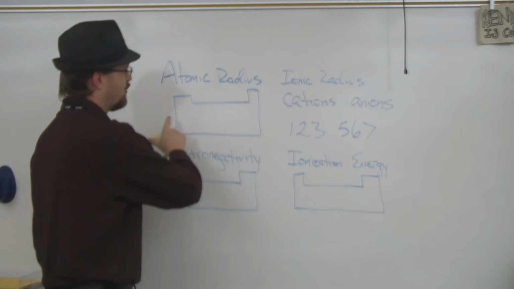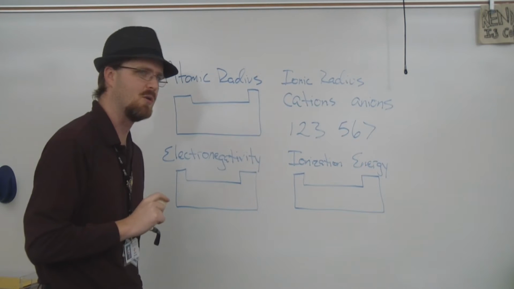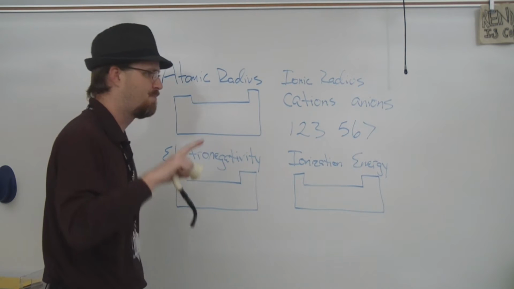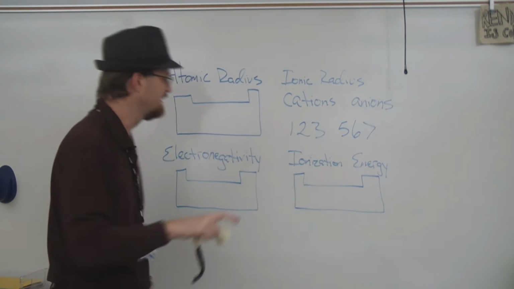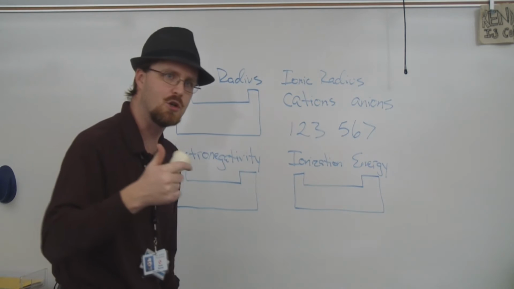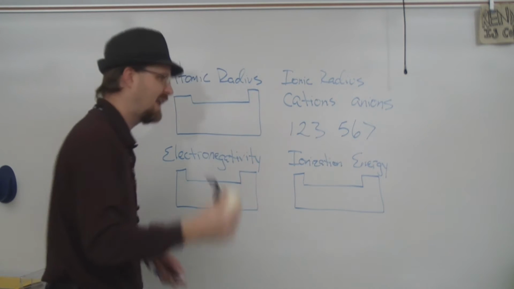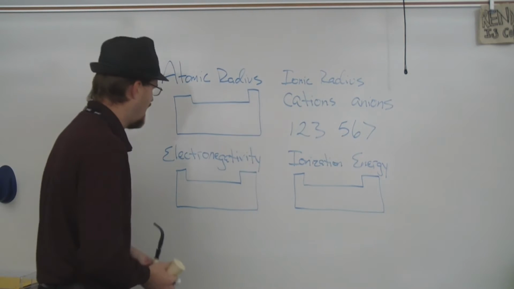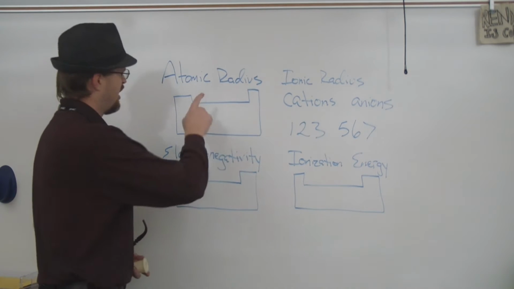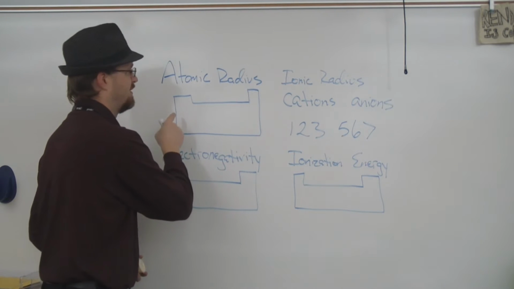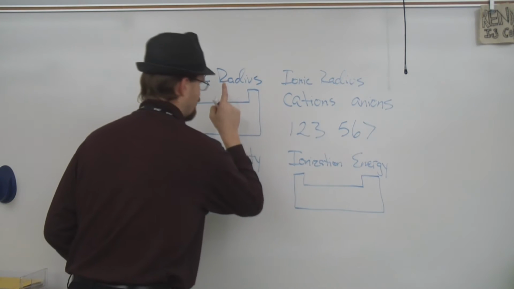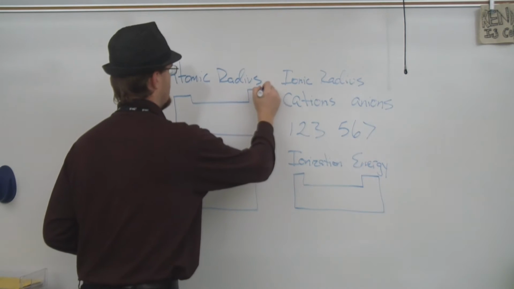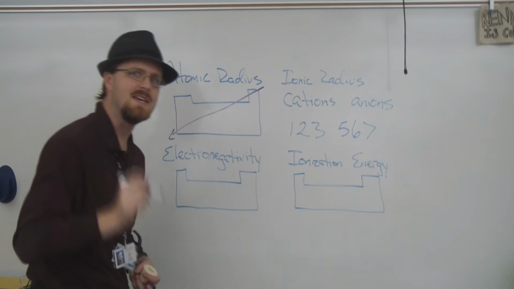Yes, so the atomic radius will decrease as you go to the right, but as you go down the group, the proton pull decreases and the electron shielding increases, meaning that the electrons are able to spread out, making the atom larger. Yes, so that means that our largest atoms are down here in the bottom left corner, and the top right corner are the smallest atoms, meaning this particular trend goes like this.